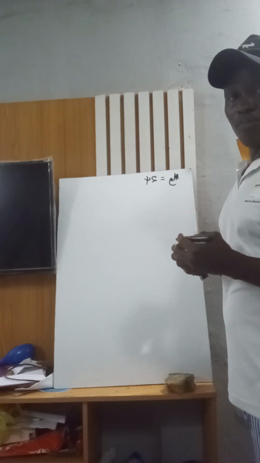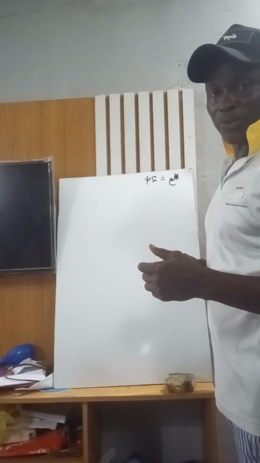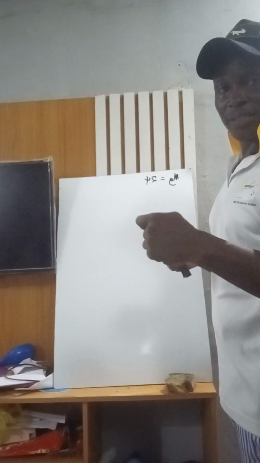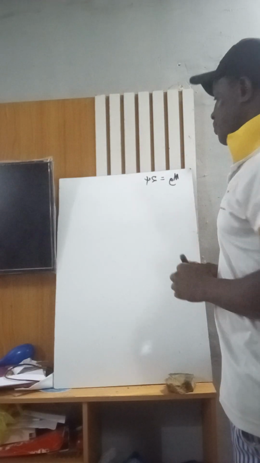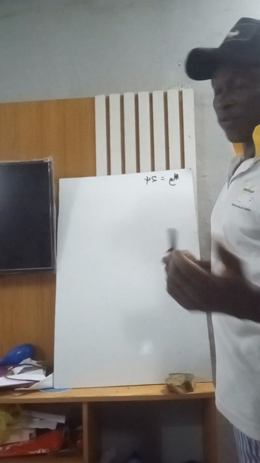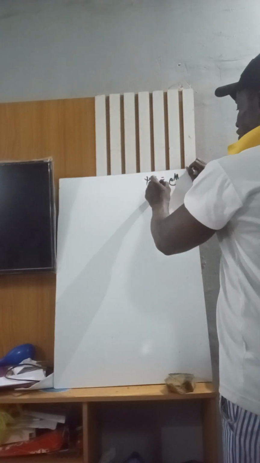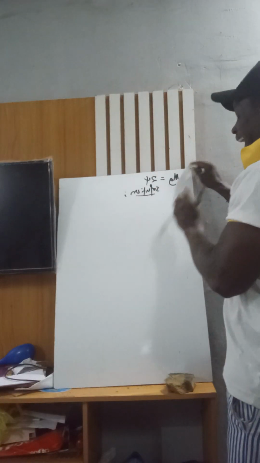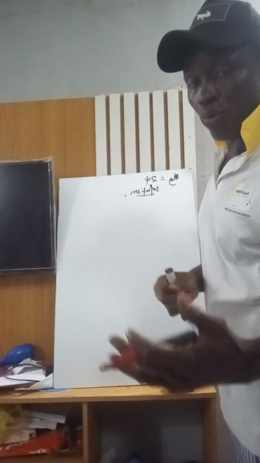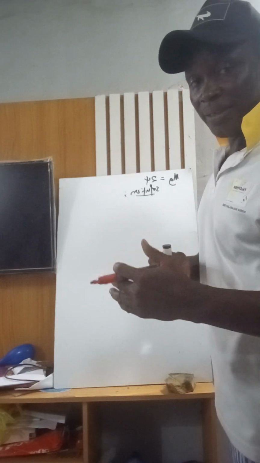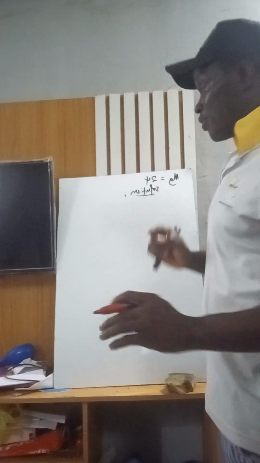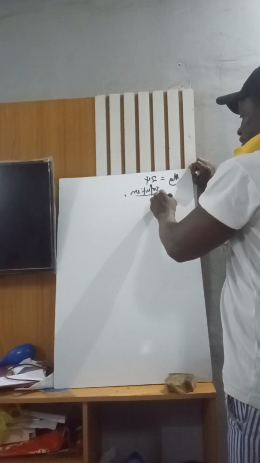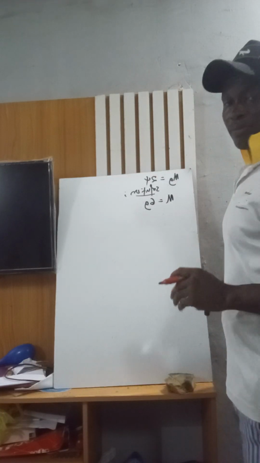That is, the molar mass of magnesium is 24. Very simple. What do you do with this information? Read the question very well. The question says, how many moles are there in 6 grams? So that means mass in the question is 6 grams.